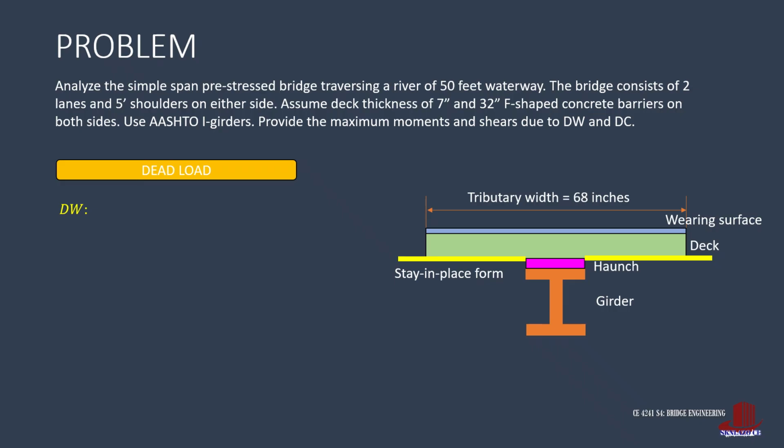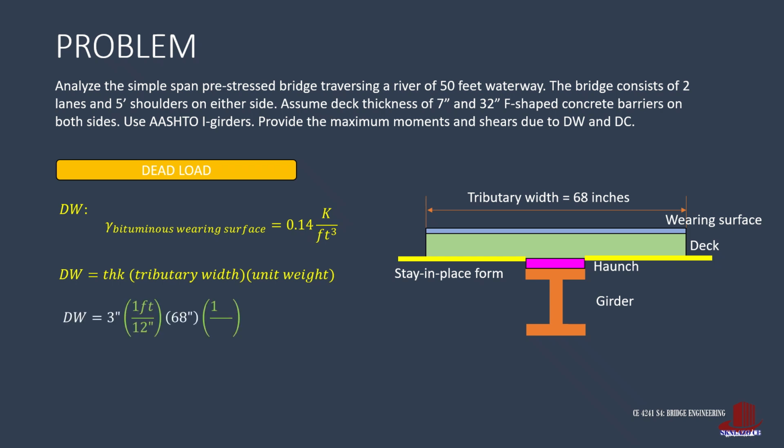DW is the load of the wearing surface. The computation requires the unit weight of the material used, and wearing surface usually is asphalt, having the unit weight of 0.14 kip per cubic feet. DW is computed as the thickness of the wearing surface multiplied by the tributary width times the unit weight of asphalt.